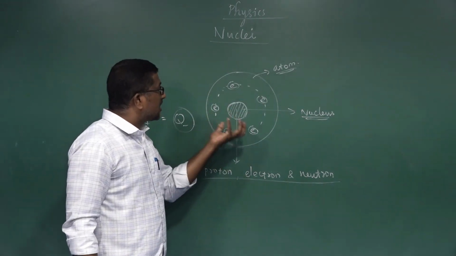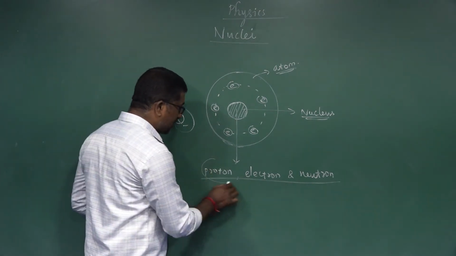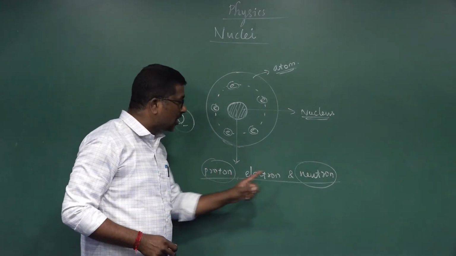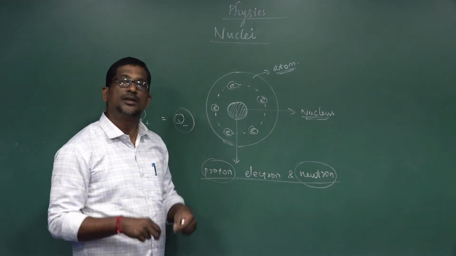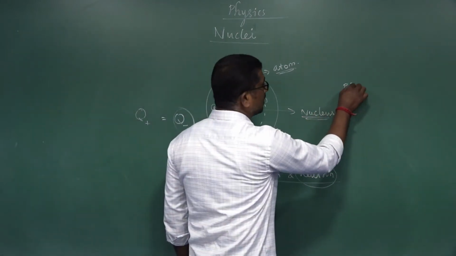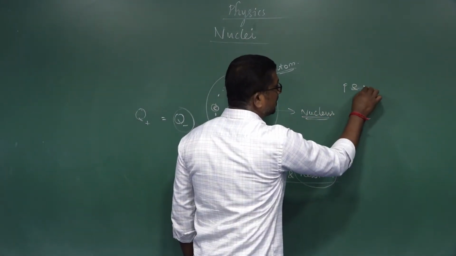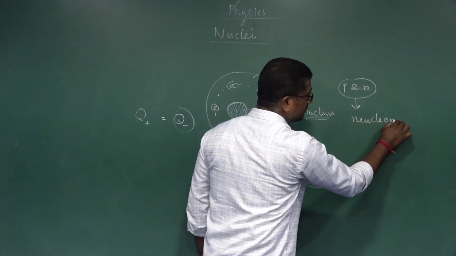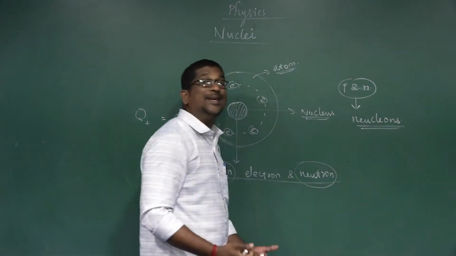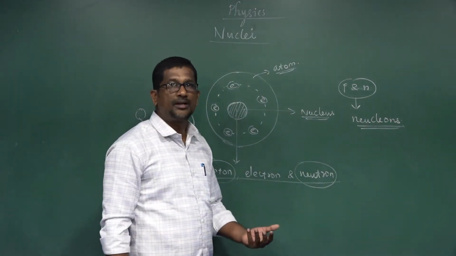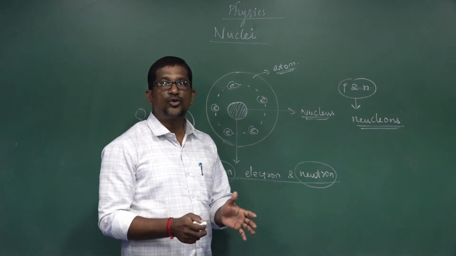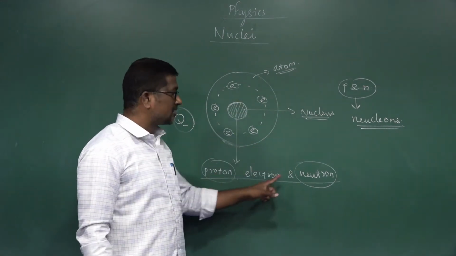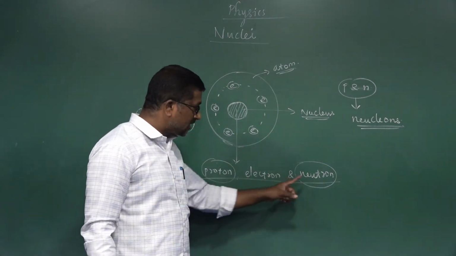The nucleus consists of only two elementary particles, namely proton and neutron. Here protons and neutrons are combinedly called nucleons or nuclear particles.